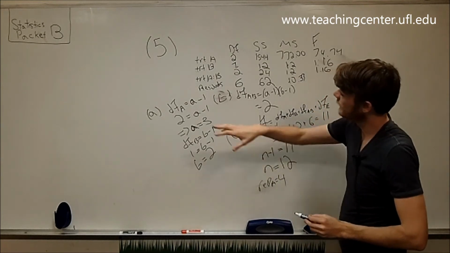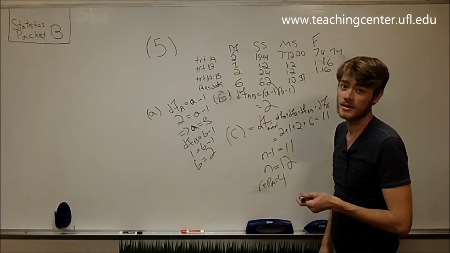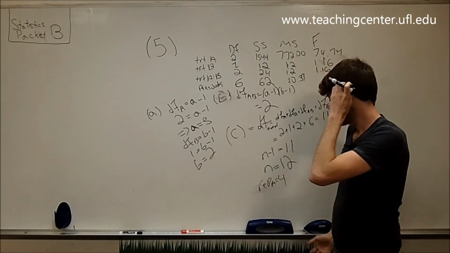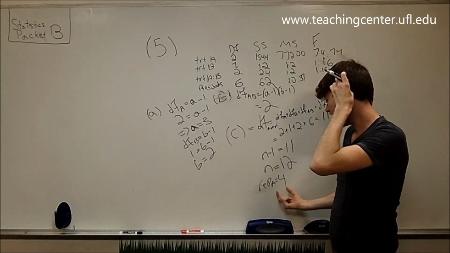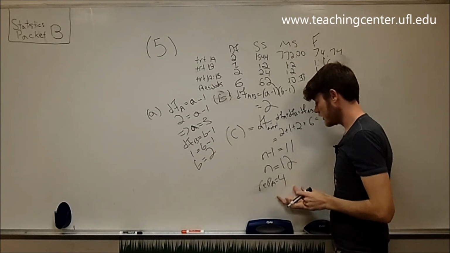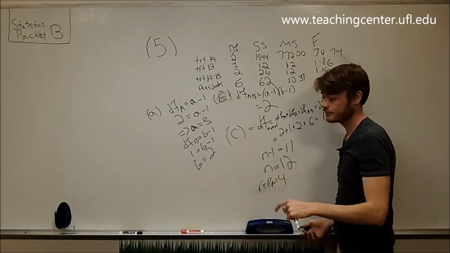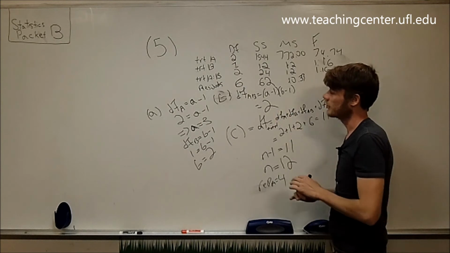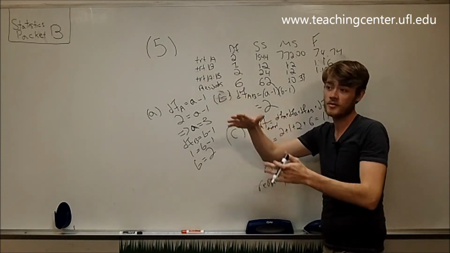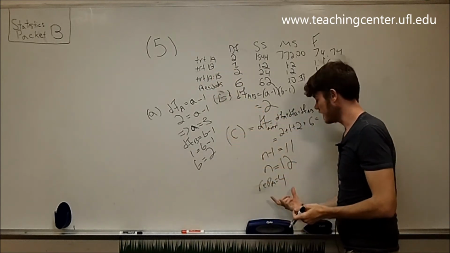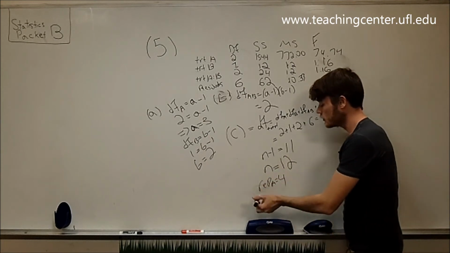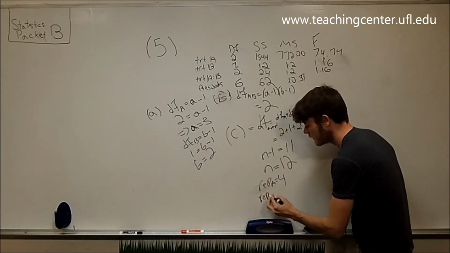Now what about B? So there are 2 levels of B, right? So within each level of A, there are two levels of B, and 6 total. So we have 2 shelf sizes. Within each level of A, we have 2 shelf sizes, so rep of B equals 2.